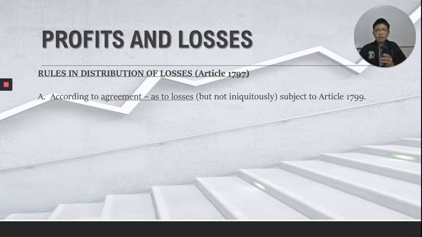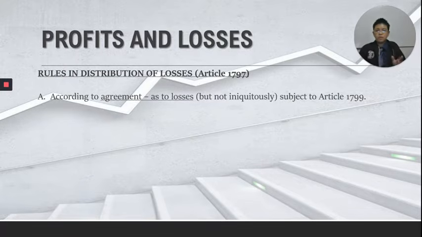Kung may loss sharing agreement, obviously, you have to follow it. Ang sinabi lang naman ng law, the loss sharing agreement must not be unfair, must not be iniquitous, meaning, let us say yung isang partner 99% loss, tapos yung isa 1% lang ang share niya. Hindi pwedeng yung mga ganong klaseng agreement or sharing when it comes to losses.